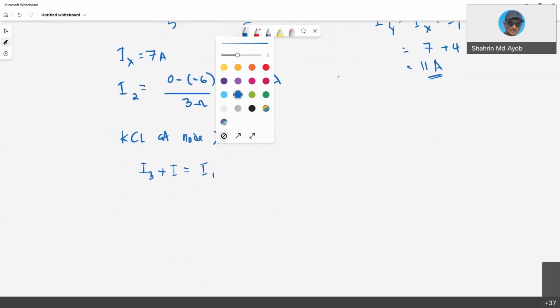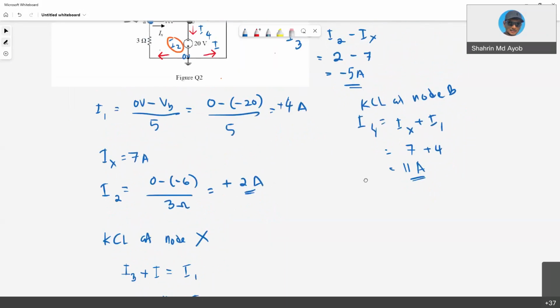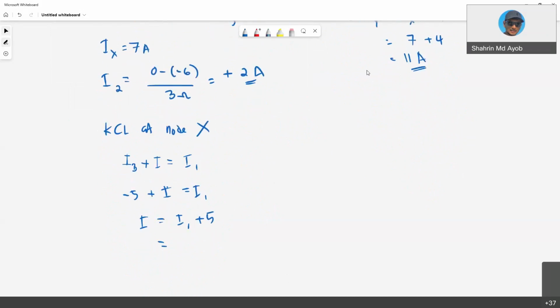So don't change. So I3 remains -5. Okay, -5. Don't change to +5. Okay, -5 plus I is equal to I1, and your I is equal to I1 plus 5, and your I1 we have already calculated is 4. So 4 plus 5, so your answer is 9 amperes.